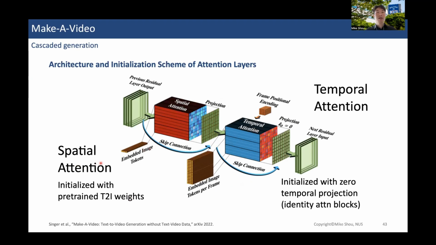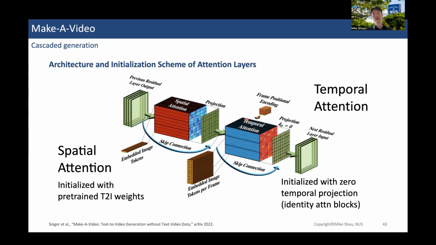For spatial attention, it's still the same as the T2I weights. Given this input data, this is the spatial axis, and this is the temporal, time-wise axis. At each time step, we do the self-attention or other attentions, but basically spatial attention within an image, and then followed by a temporal attention layer.